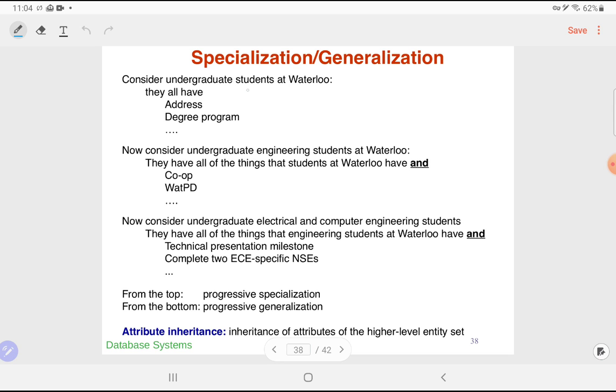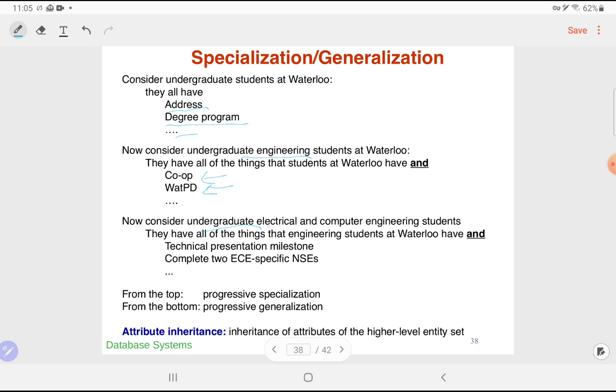So consider undergraduate students at Waterloo. They all have an address, they all have a degree program, they all have name, grades, first name, last name, email address, whatever. Now consider the engineering undergraduate students. They all have a co-op program, they have this thing called WOP-PD, they may have other things that are specific to engineering.